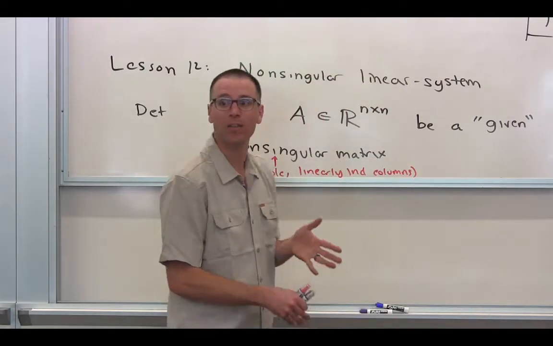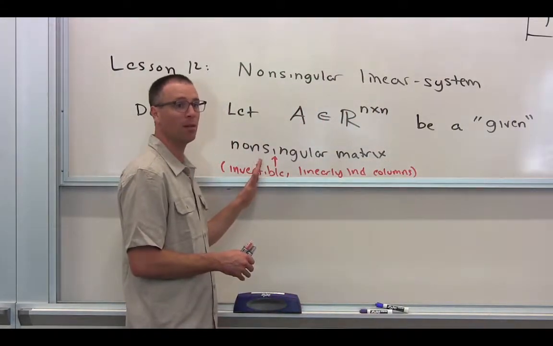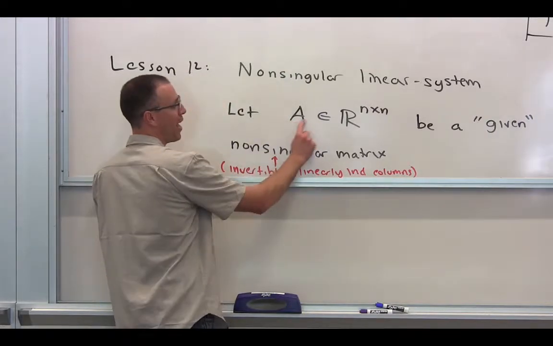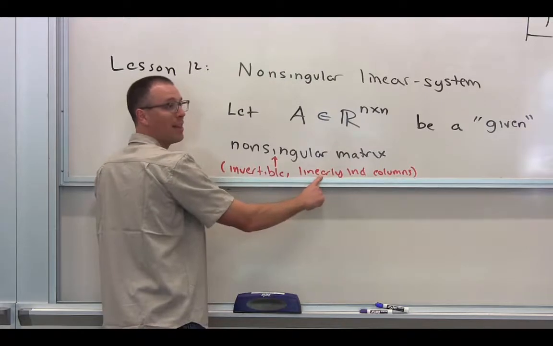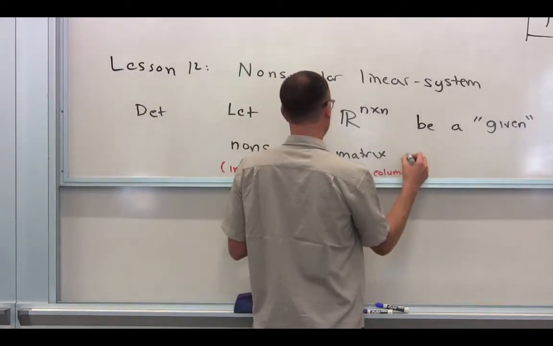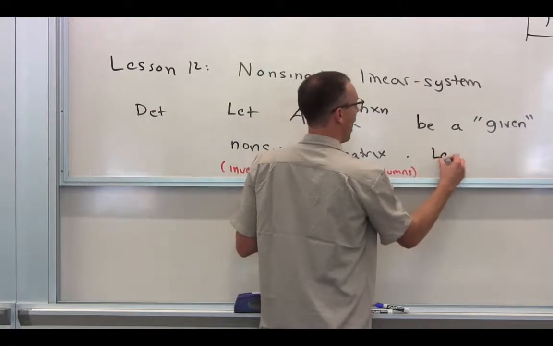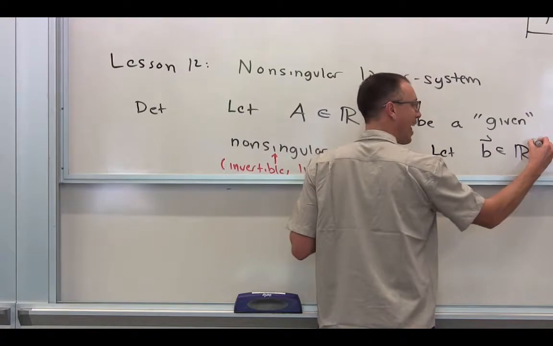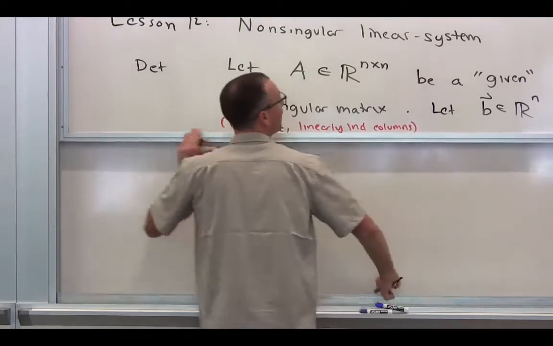What's the fast way to think about a non-singular linear system? It's a backwards problem. Okay, so let's do it. We have A is a square matrix with linearly independent columns. And then we have a b element of Rn.